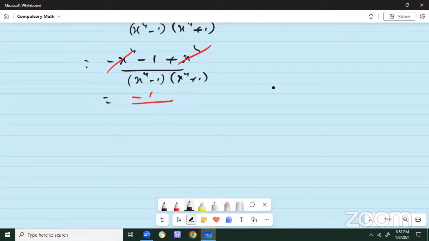Should we leave it as it is, or can we do something? We can simplify. Should we leave the answer like this? Do we usually leave the answer in negative form? We just try to get it into positive form.